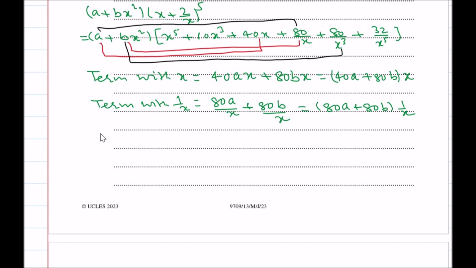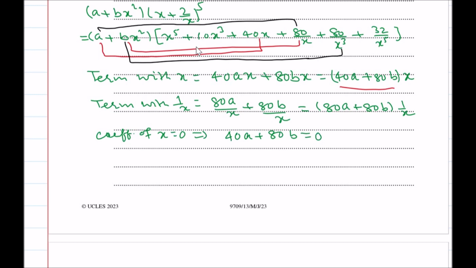So coefficient of x equal to 0, this implies that 40a, what is the coefficient here? This is 40a plus 80b. So 40a plus 80b is equal to 0.